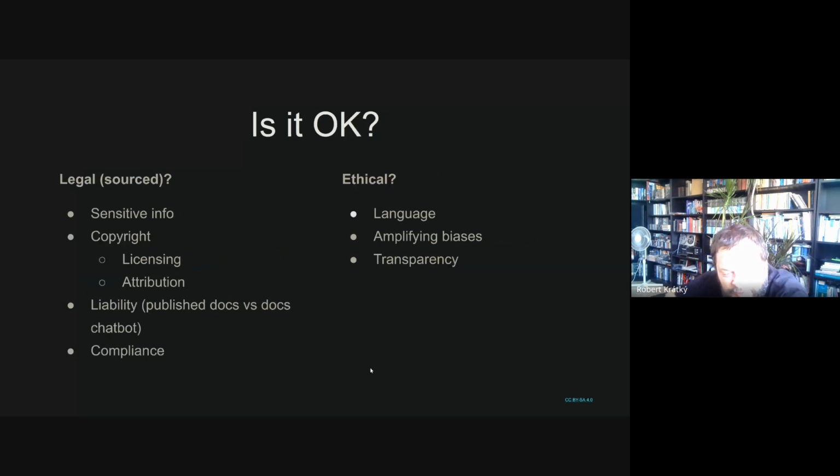Now let's go to the other part. Is it okay? And by that I mean specifically if it's illegal, and that comes back to the accountability, and also if it is ethical. Now I have touched upon basically all of these points before, but let's go over them briefly.